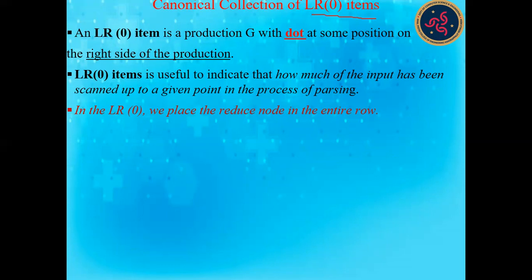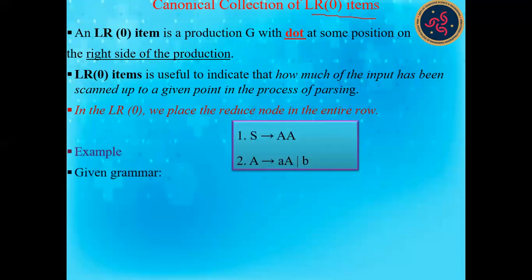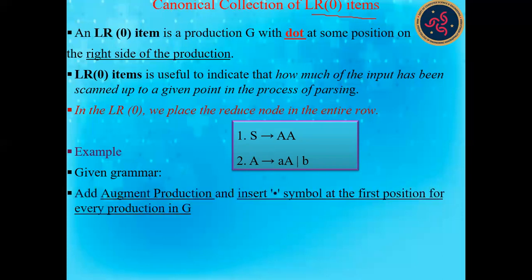So we can consider an example. Here we are given the same grammar, S gives AA and A gives aA or b. Again we need to add our augment production and insert the dot symbol.